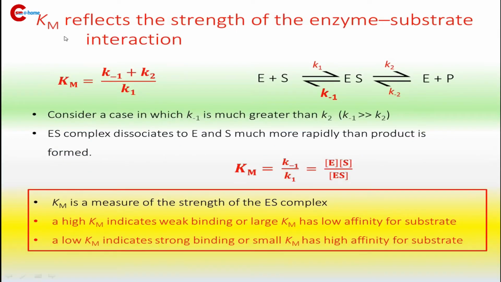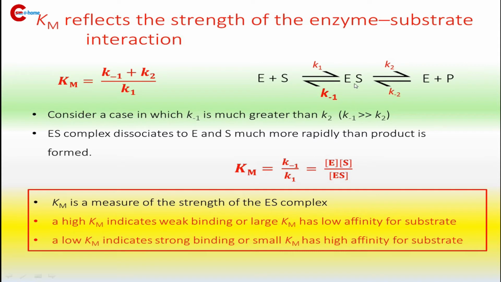Km reflects the strength of enzyme substrate interaction. We know that Km is equal to K minus 1 plus K2 divided by K1. Consider a case in which K minus 1 is greater than K2. What is K minus 1? It is the rate constant where the enzyme substrate complex converts back into substrate plus enzyme. And what is K2?